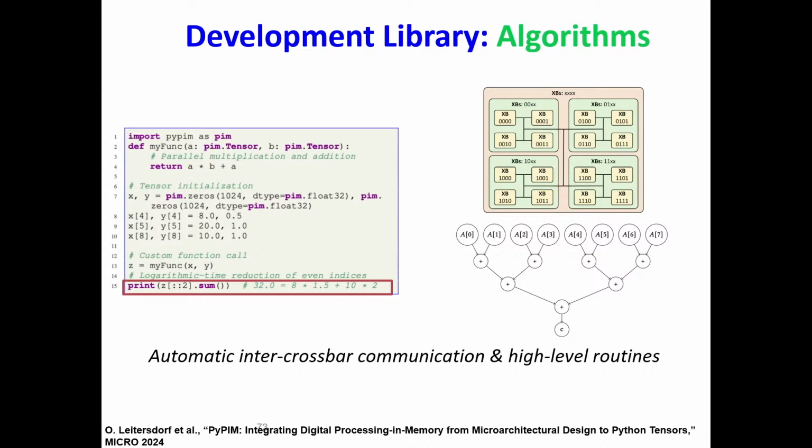So if the mapping of the data requires moving from one array to the other, this is transparent from the programmer point of view, but it translates into instructions or macro instructions in the architecture to support the move operations that are required. And you can see here an example of how the mapping of the different crossbars goes. So there are addresses for the crossbars.